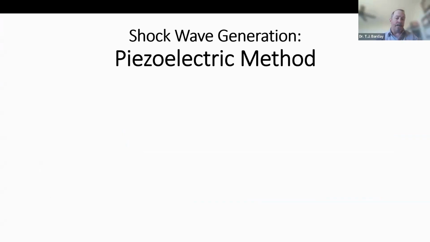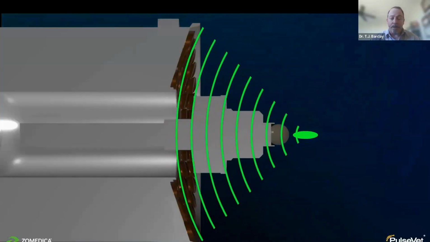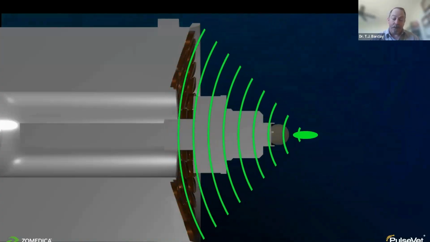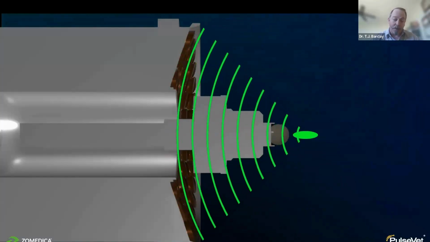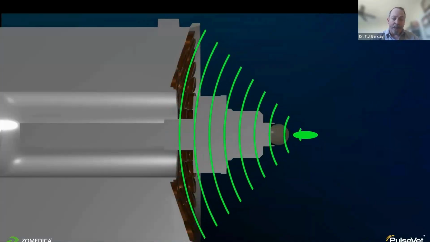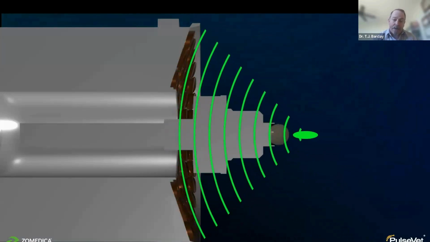The next shockwave generation method that we'll discuss is the piezoelectric method. This uses an array of piezoelectric crystals that function similar to the way ultrasound machines work. These piezoelectric crystals vibrate in response to an electric current and generate sound waves.